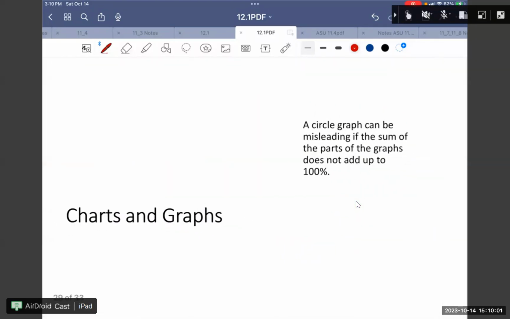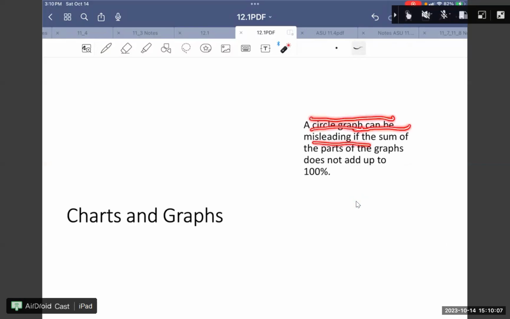And they have another one, the circle graph, which can be misleading. The sum of the parts of the graph does not add up to 100.